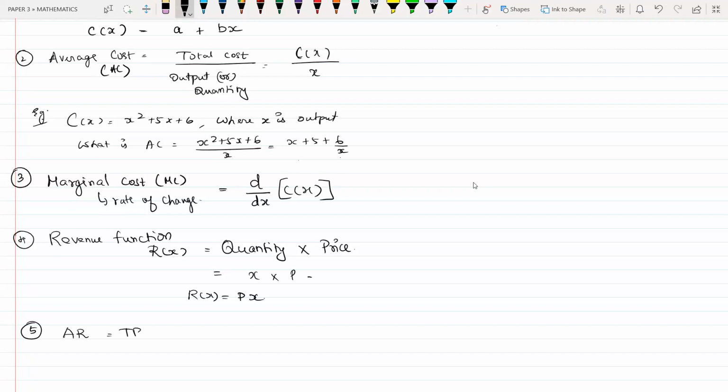It is total revenue divided by X. The total revenue here is R of X divided by X, and R of X is P of X divided by X. X and X get cancelled, leaving P. From here onwards, whenever they ask for the average revenue, you are simply going to put price as your average revenue.